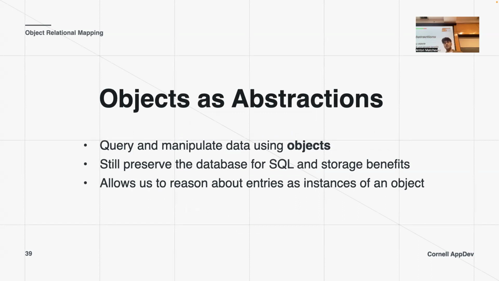You can create a class, call it whatever you like, and a class can have certain fields within it, just variables that represent something. We create the same thing with this ORM, but instead of the fields, they're actually columns in your database. We'll give you an example later on, but in this way, we can query and manipulate the data using the object representation in Python rather than actual SQL, while we can still preserve the SQL and the storage benefits.